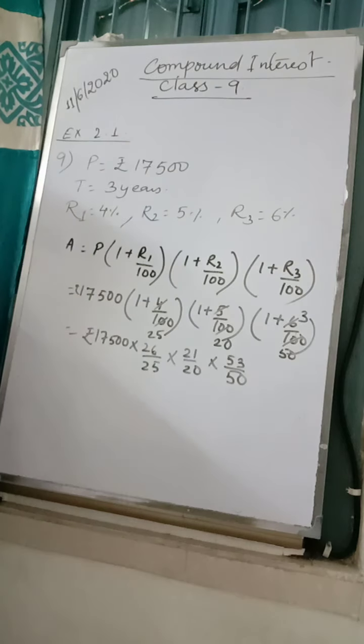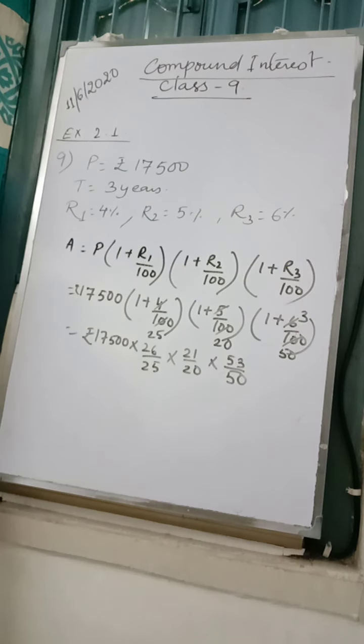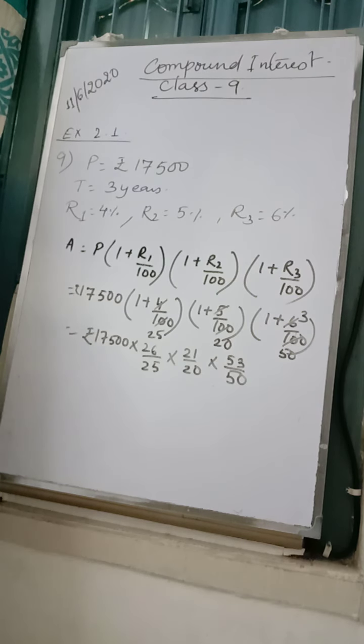Then you have to reduce it. In this way we get the amount and compound interest for the successive rates of interest.